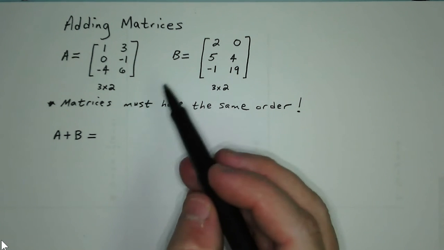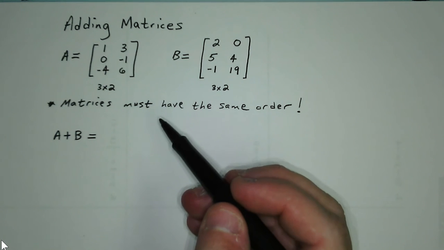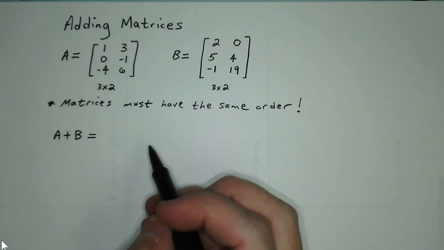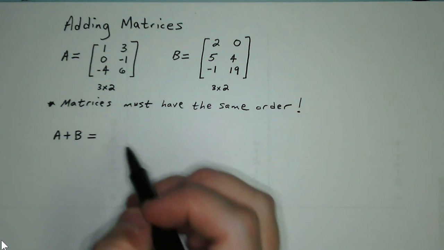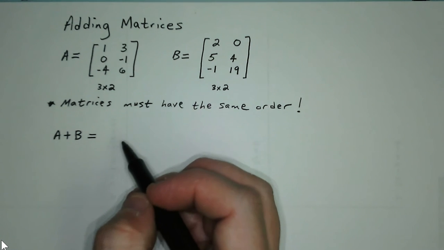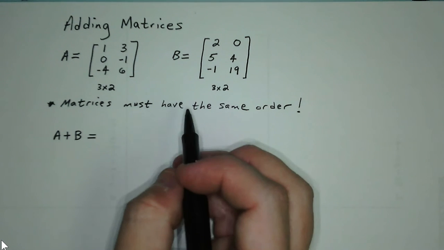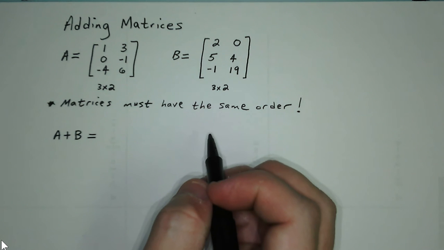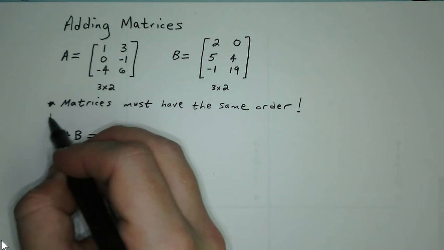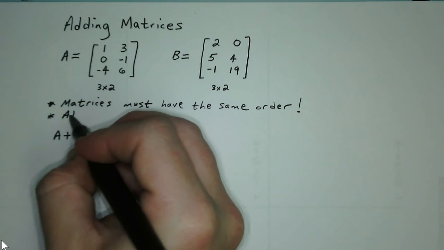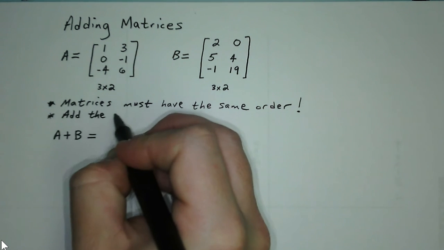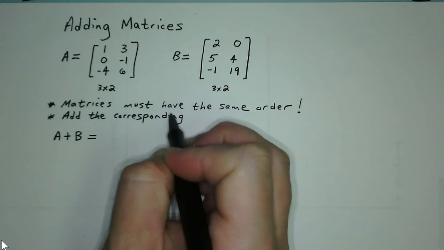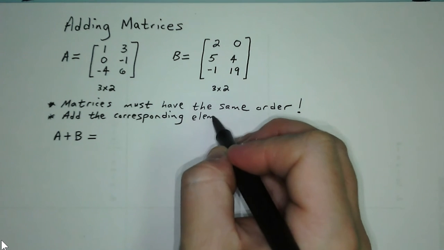So you don't need to keep writing the full matrix if we can just call it A and B. Anyway, this is going to play out exactly how you would expect. We're just going to combine the corresponding elements, and you could write a note for that: add the corresponding elements.